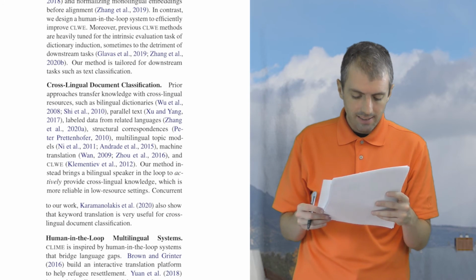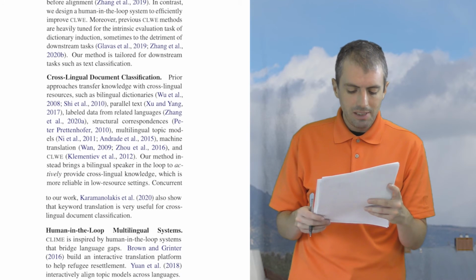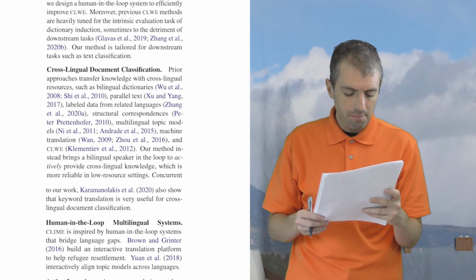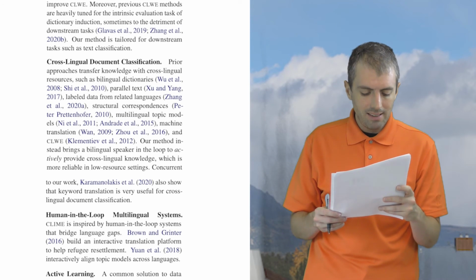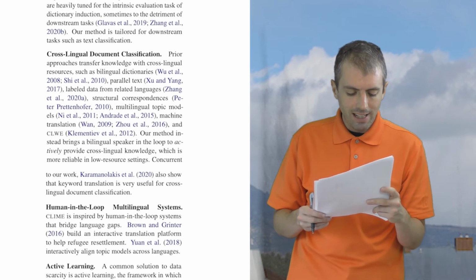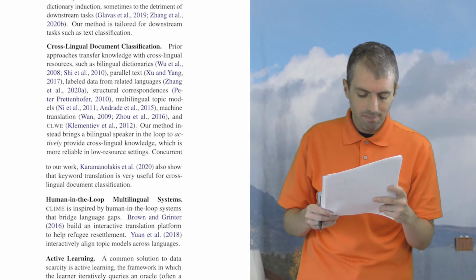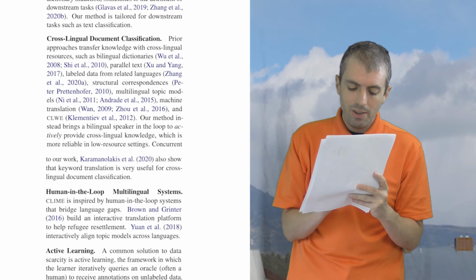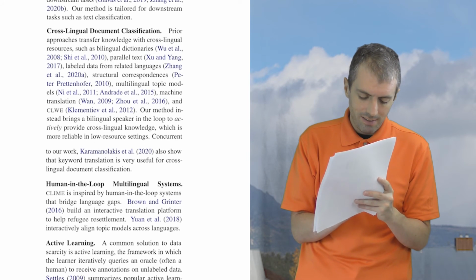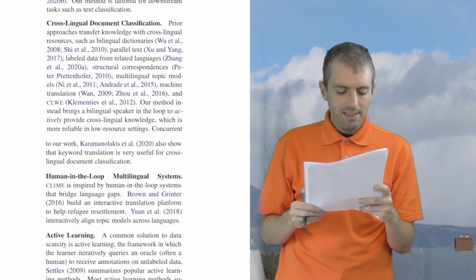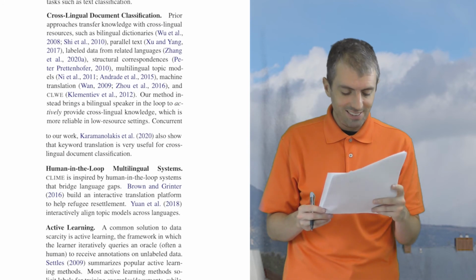In contrast, we design a human-in-the-loop system to effectively improve CLWE. Moreover, previous CLWE methods are heavily tuned for the intrinsic evaluation task of dictionary induction, sometimes to the detriment of downstream tasks. Our method is tailored for downstream tasks such as text classification.